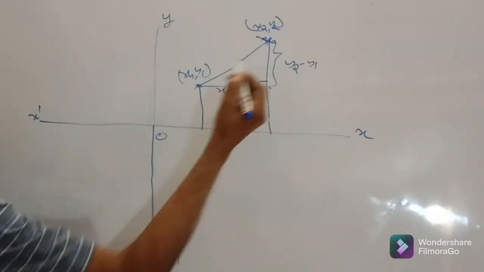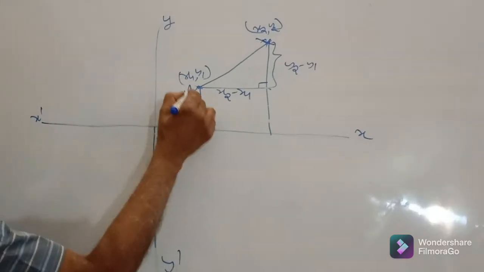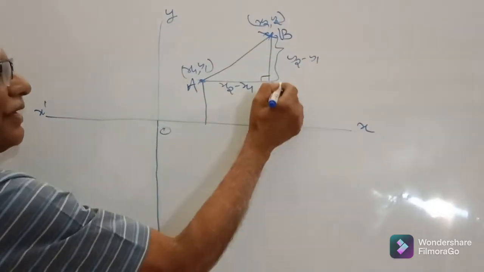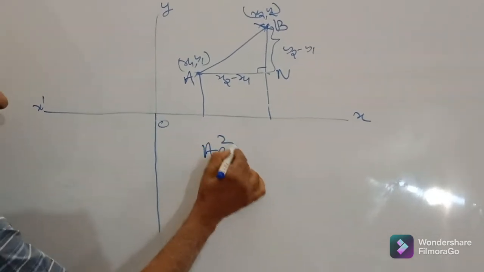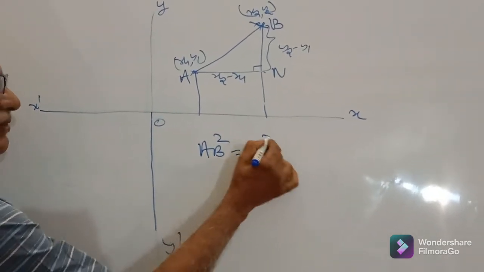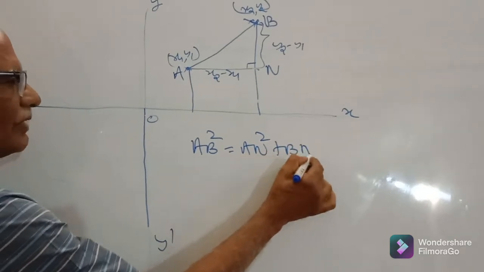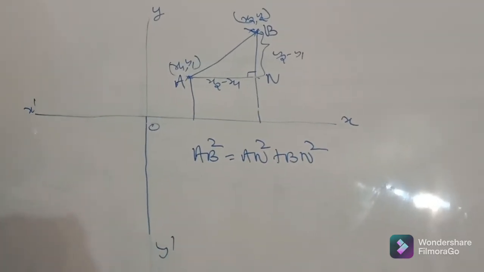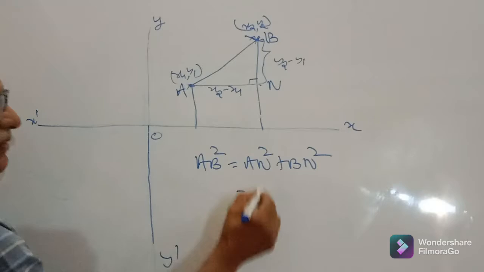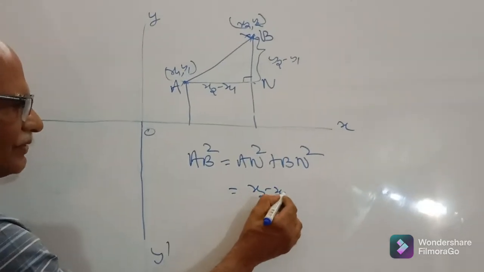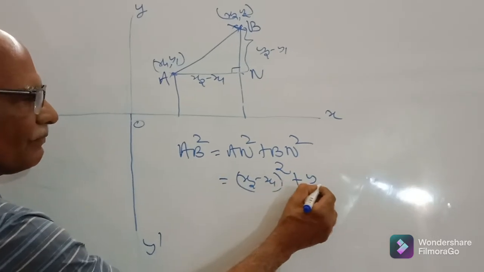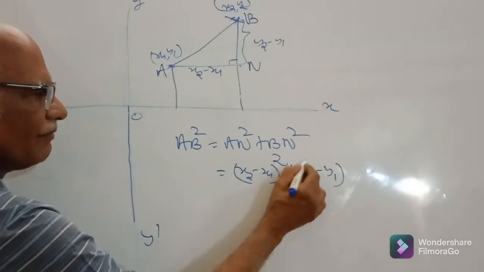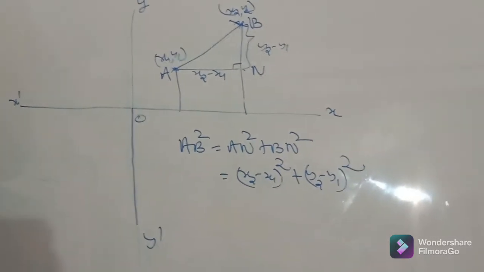And we apply Pythagoras theorem. Now if you call them as a, b and n, ab square is an square plus bn square. So n is x2 minus x1, the whole square, plus y2 minus y1, the whole square.